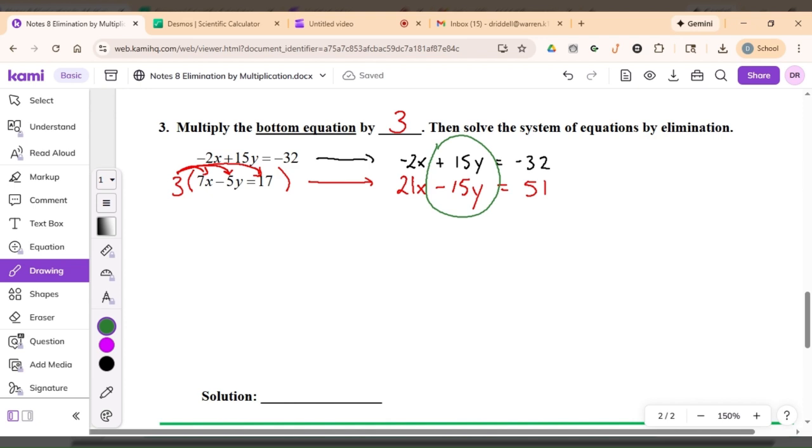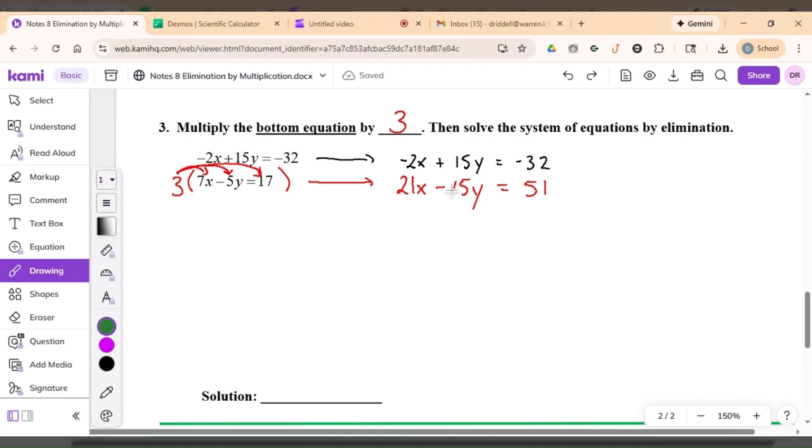The second equation has a -15 in front of y. And those are the kind of numbers that cancel when we add. When they say the same thing, one positive, one negative. So that's why I multiplied by 3, because multiplying by 3 turned the middle number to a -15. Notice it was a -5 when we started, and now it's a -15, okay? That's exactly what we need.